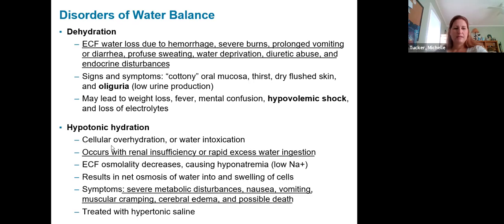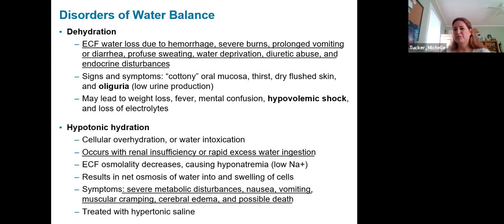Hypotonic is when there is cellular overhydration. Sometimes this occurs with rapid excess water ingestion, and kind of counterintuitively, not that this happens a lot, but it sometimes will happen with marathon runners when they rehydrate. The thirst response is like, oh, I've been out jogging and I've lost some water, I need to quench my thirst.